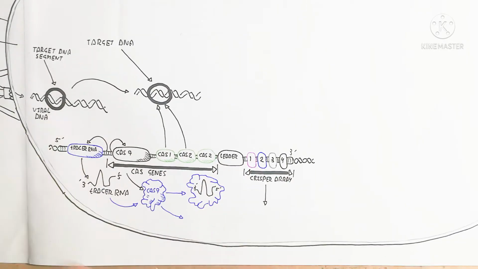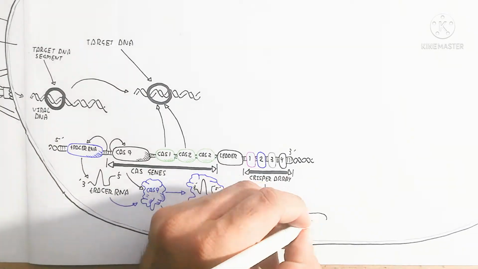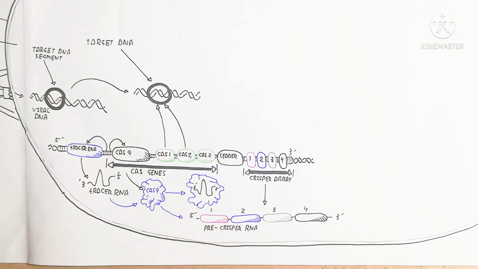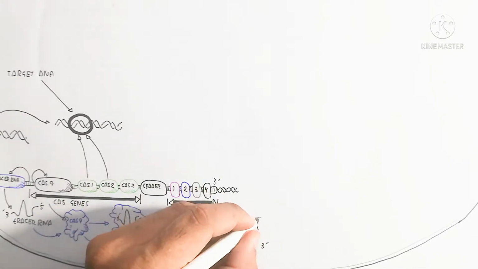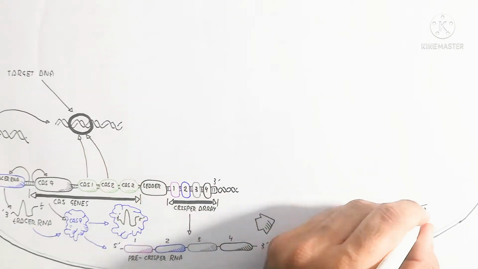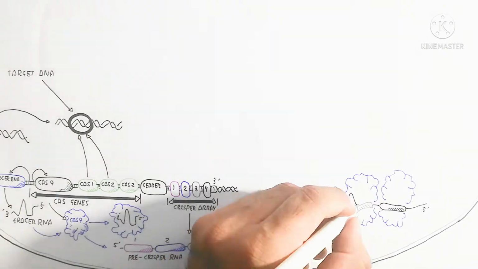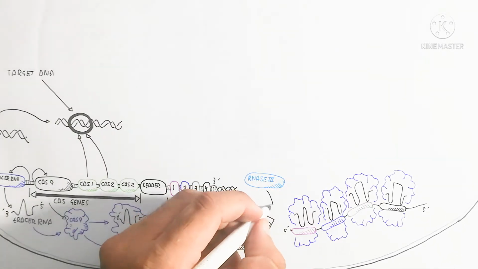After the combination, on the other hand, the CRISPR array produces the pre-CRISPR RNA from array segments 1, 2, 3, 4, through transcription.